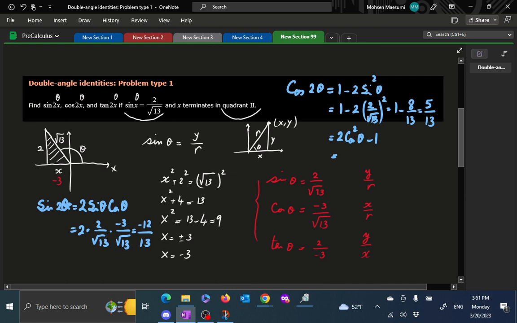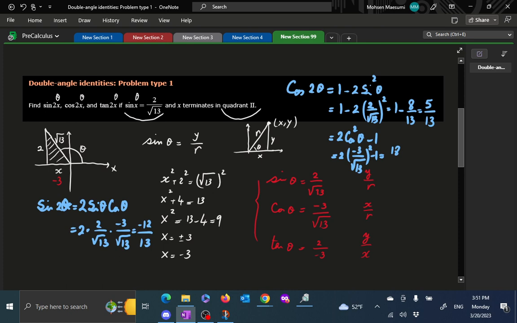So I have 2 times minus 3 over radical 13, squared, and subtract 1. 3 squared is 9 times 2 is 18. Radical 13 squared is 13, minus 1. Take a common denominator and subtract. You see that I get the same thing.